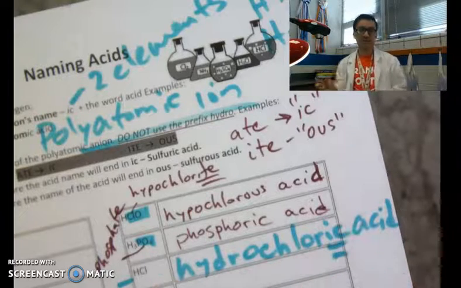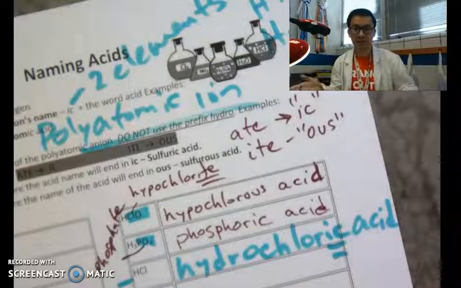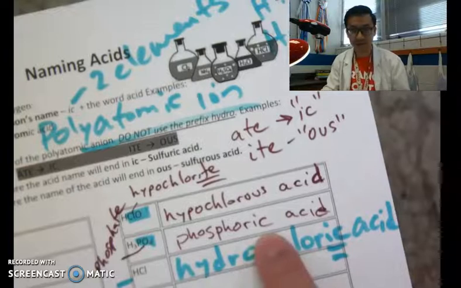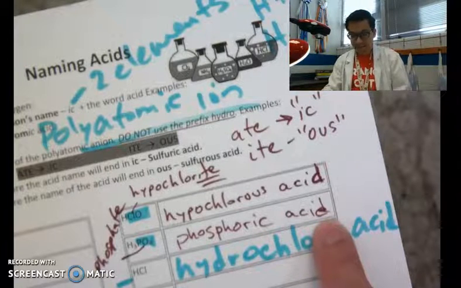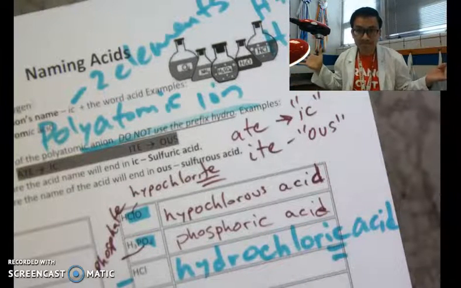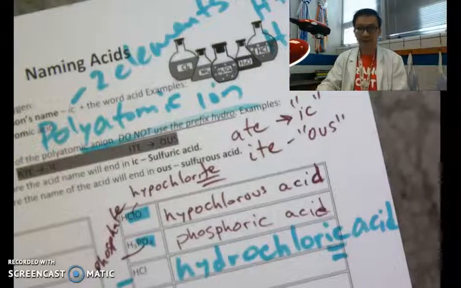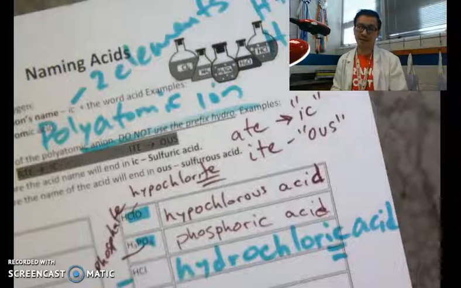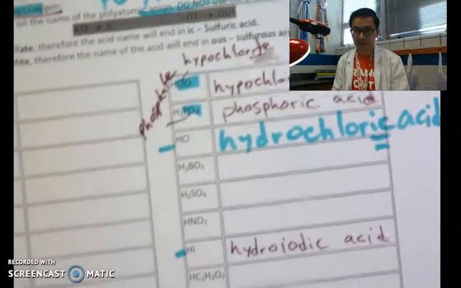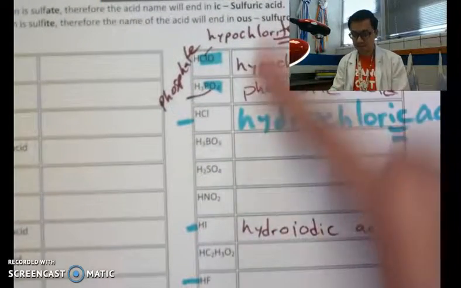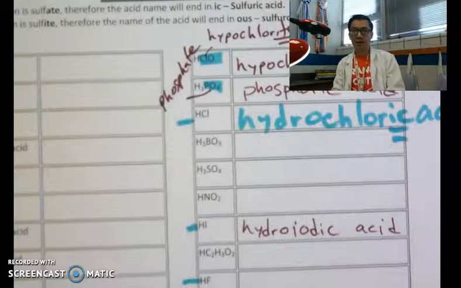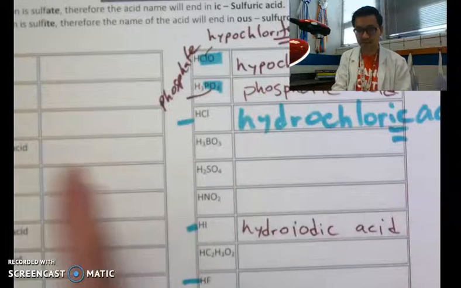Not phosphic. You've got to change back to like phosphorus, but change it to phosphoric acid. So no hydro, why? Because there's more than two elements. So that's how you name the ones on the right side of this paper here. Take a couple minutes, do those, and then I will show you how to do the left side.